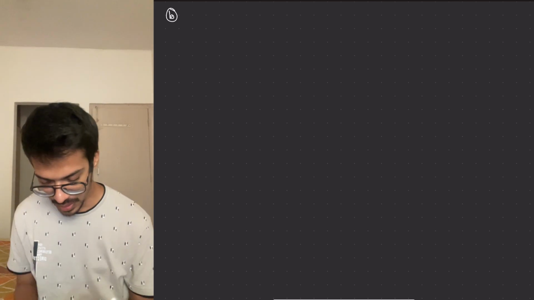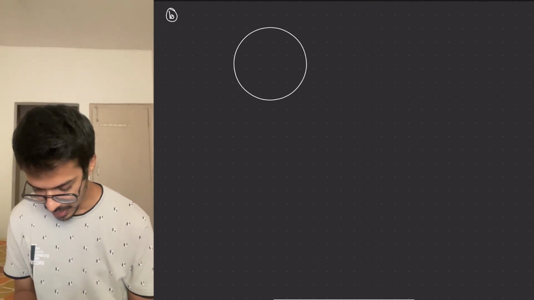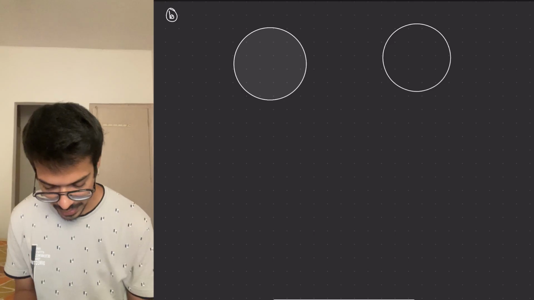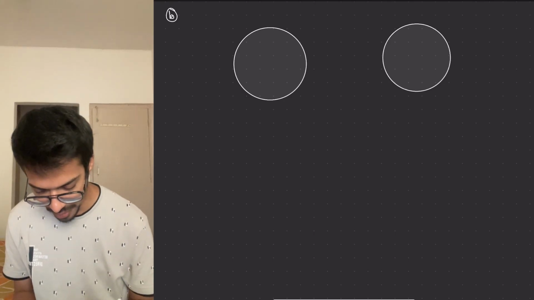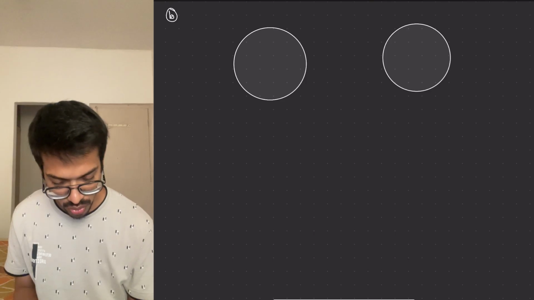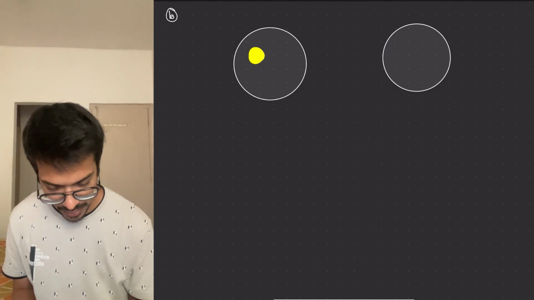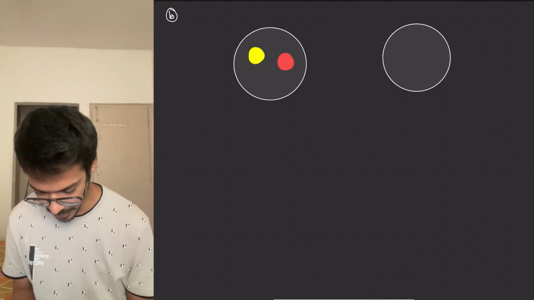In this, the major problem is the following. Let's take an example. This is the first plate, and this is the second plate, and we are plating, putting the bacteria into it. In the first case, this is one colony, and let's take another colony.